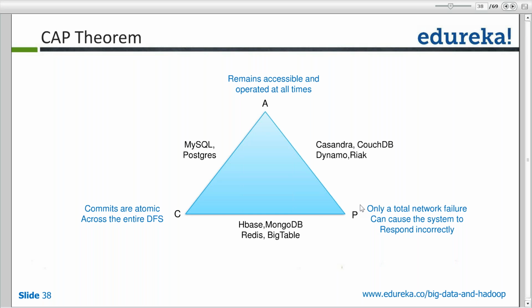P in CAP theorem stands for partitions. When I say partitions, that means we are talking about distribution, partitioning as in multiple machines. C in CAP theorem, I just forgot that, let me check what is C. It just skipped my mind.